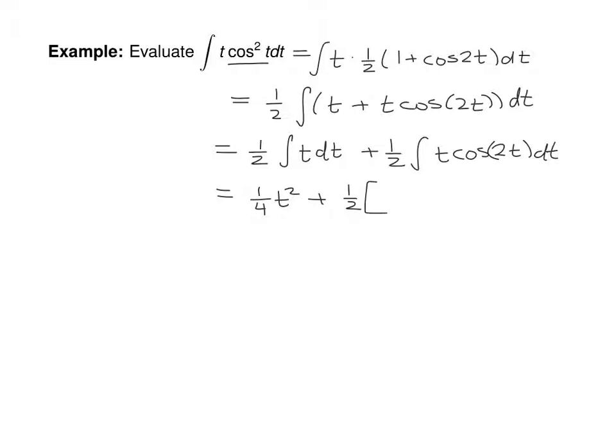For this next part, you're going to need to use integration by parts, so it's a good review. Let u equal t, du is dt, let dv equal cosine of 2t dt, and then v is 1/2 sine of 2t.